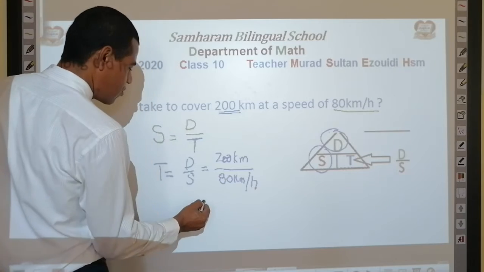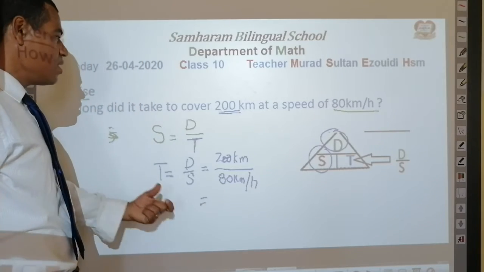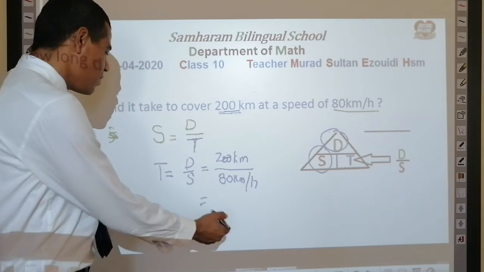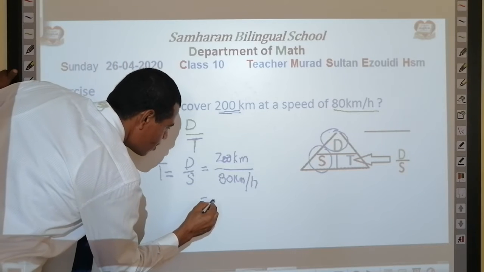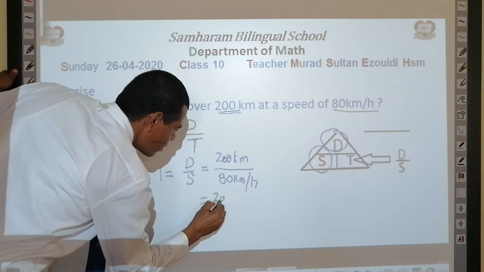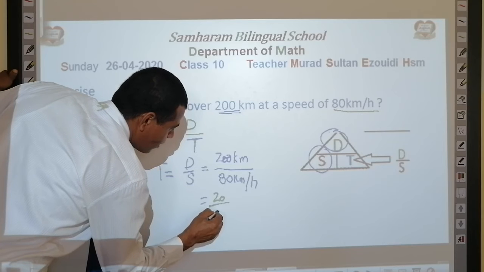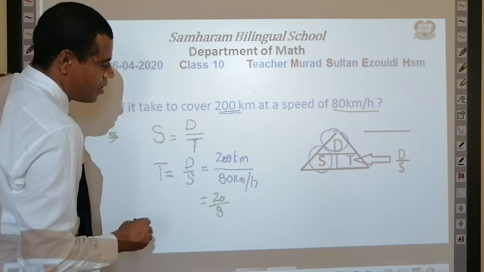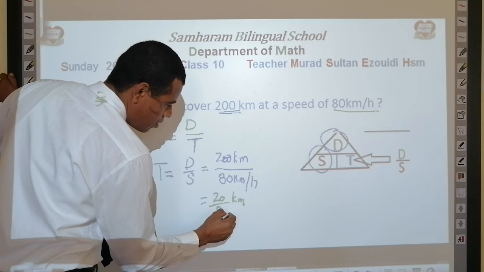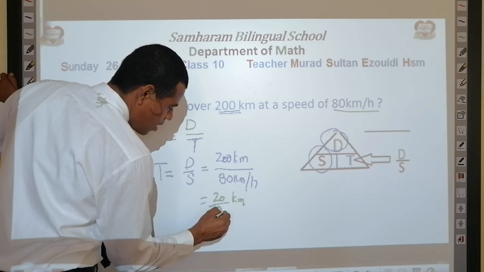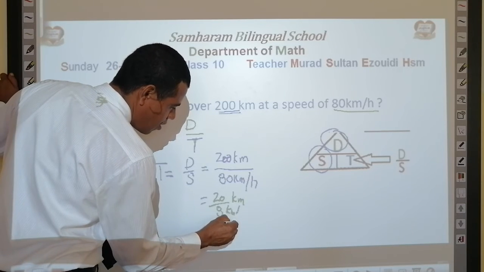Okay, so this one it will be how many? You can simplify. I will do like that. It will be 20 divided by 8. Okay, kilometer, and the unit of 80, I will write kilometer per hour.